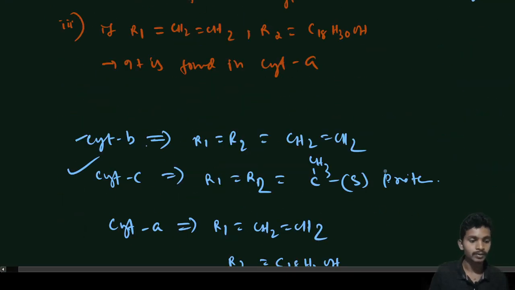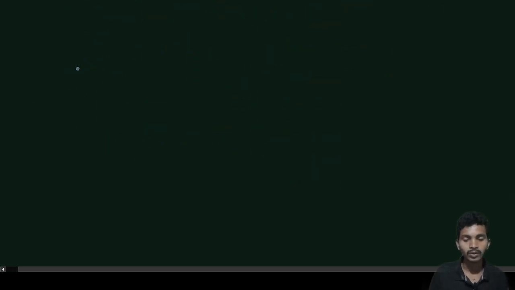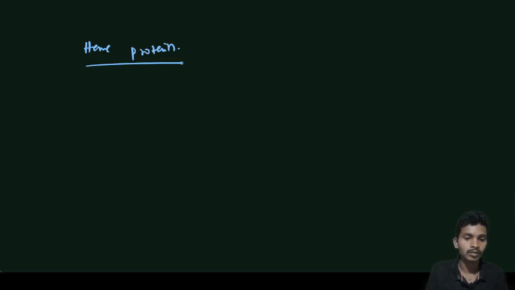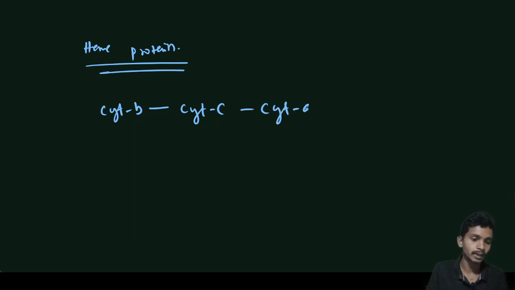So why is this the case? For that, one thing we have to remember. Whenever oxygen flows, the electrons flow through these heme proteins; we are discussing heme proteins, not non-heme proteins. In heme proteins, electrons flow first to cytochrome B, then cytochrome C, then cytochrome A, and then it binds to O2.